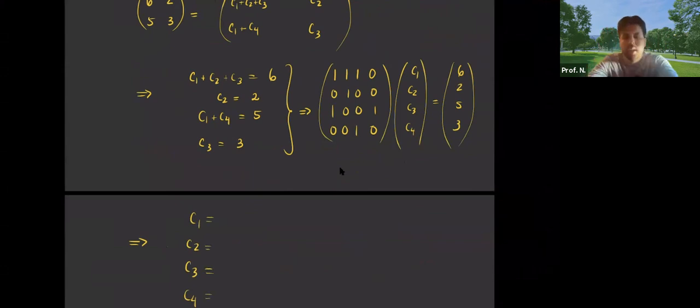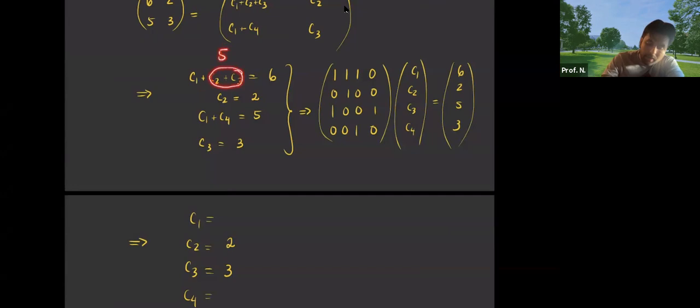Okay, and so from here you can do this by hand. It shouldn't be too bad, right? Because C1, C2 is already defined for us. C2 is already 2 and C3 is already 3. So C2 plus C3 here is 5. So then C1 has to be 1.